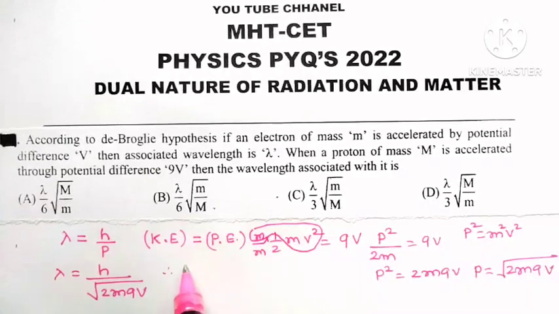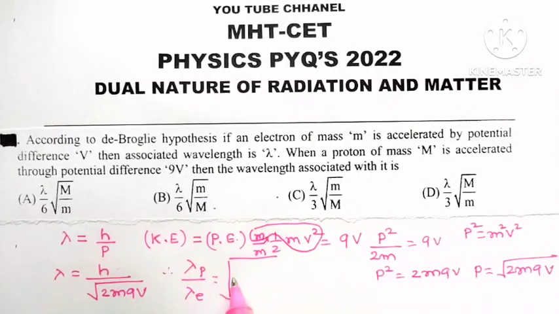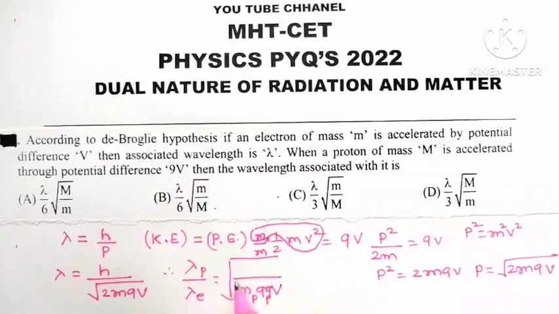Therefore what we can say is lambda proton upon lambda electron is equal to the square root of, because de Broglie's wavelength is inversely proportional to mass, charge and potential difference, mass of proton into charge on proton into the potential difference through which that proton is accelerated. Here it is 9V.